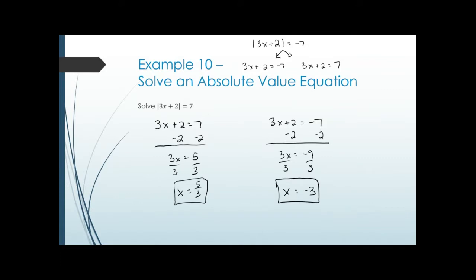So anytime it's equal to a negative before you split up your equations, that means you have no solution. So because that's a negative, that's telling us, oops, let me go back to my pen. That would be telling us no solution.